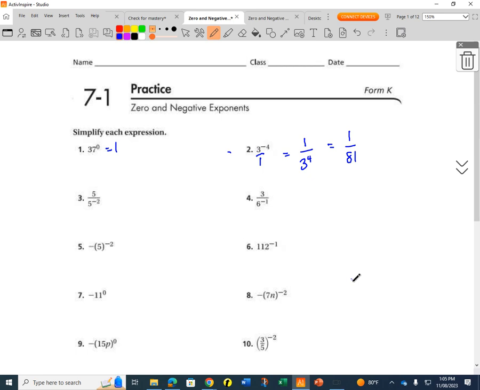Now I'm not sure we did an example of one of these, but anytime there's a negative exponent, if it's in the top, like it was here, we move it to the bottom. But if it's in the bottom, then we can move it to the top. And we want to get rid of our negative exponents, always do that first. So here we're going to rewrite that as 5. Now this is getting moved to the top, and we're changing that exponent to a positive 2.